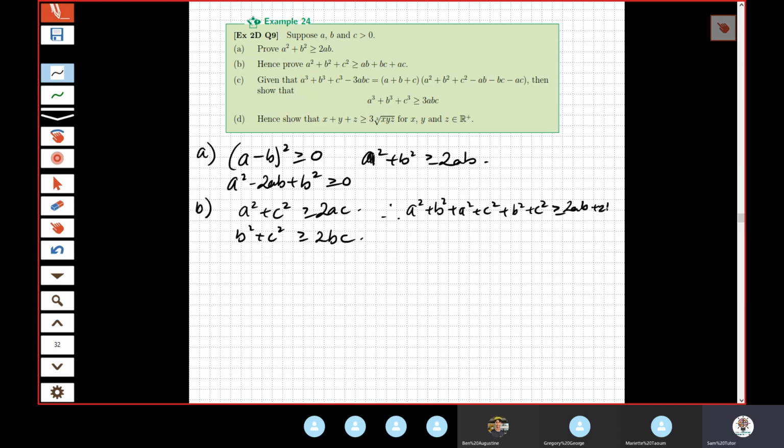Get rid of your 2's, therefore a squared plus b squared plus c squared. So you can see the good news is with these questions, they are pretty repetitive. The way to think about them is pretty repetitive. I'll stop there. Anyone have any questions?